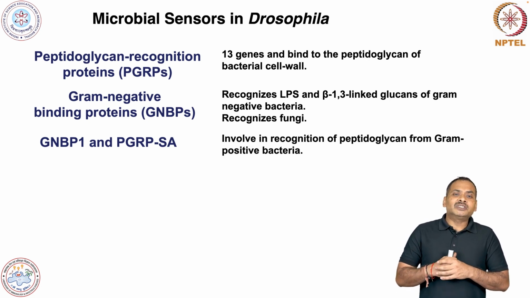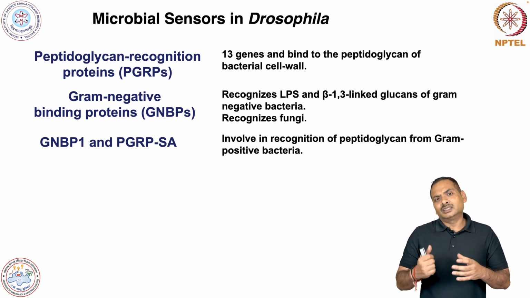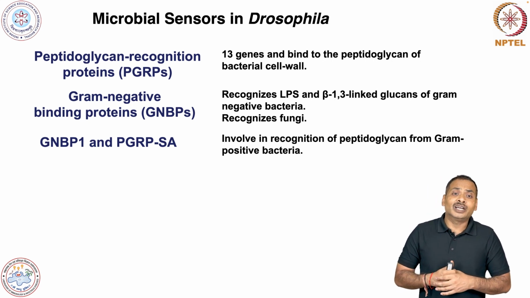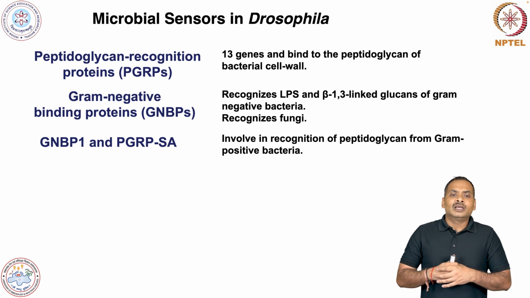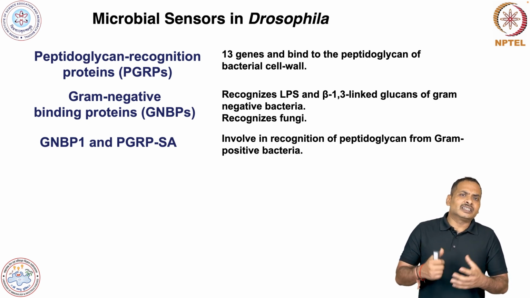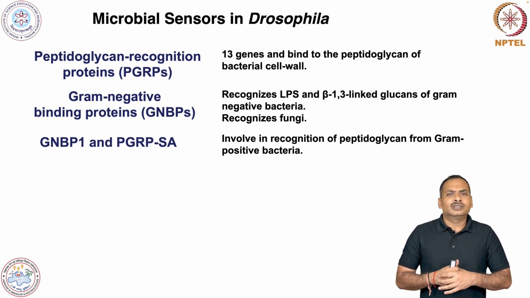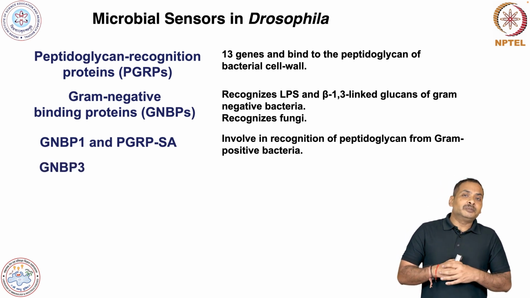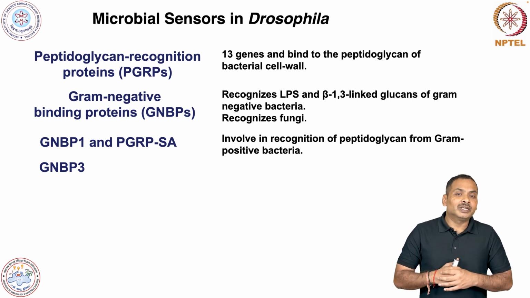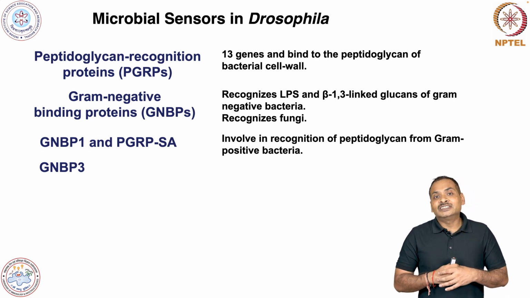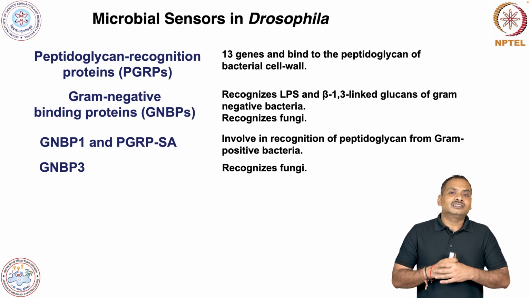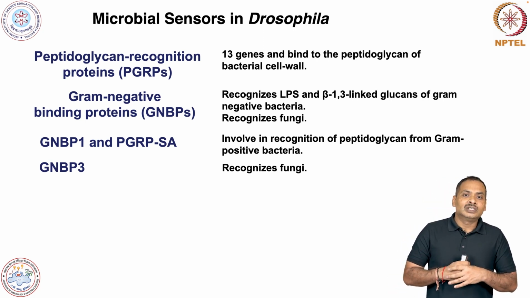They basically sense the peptidoglycan from gram positive bacteria, okay, and it recognizes and induces the synthesis of antimicrobial peptides. GNBP3 basically plays a very important role in sensing fungi, okay. They recognize fungi, and then that synthesizes the antimicrobial peptide.